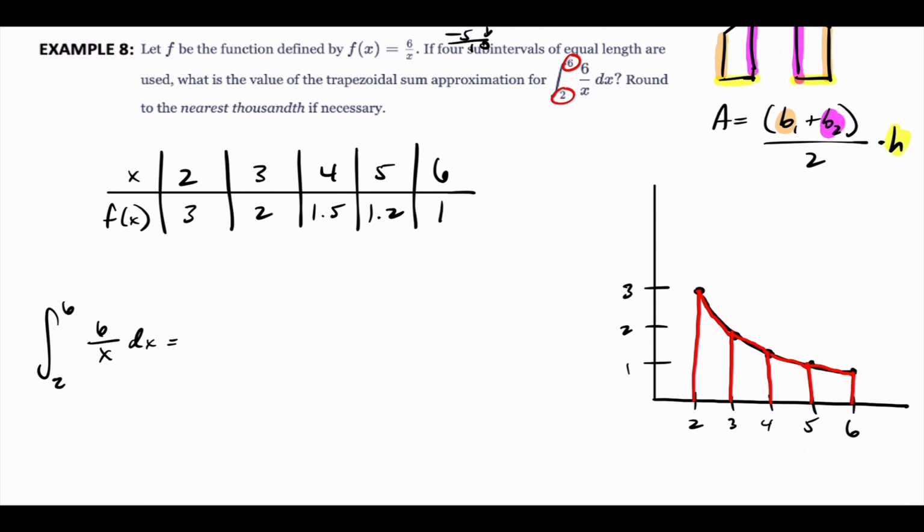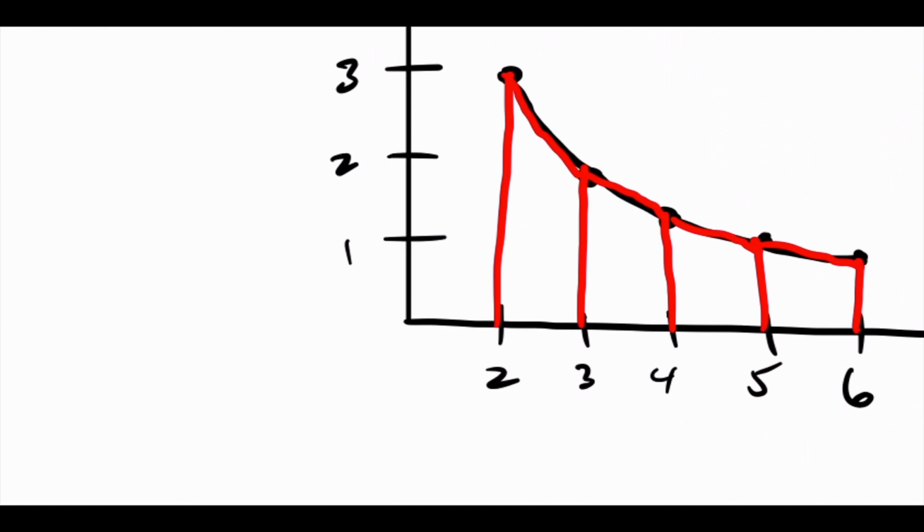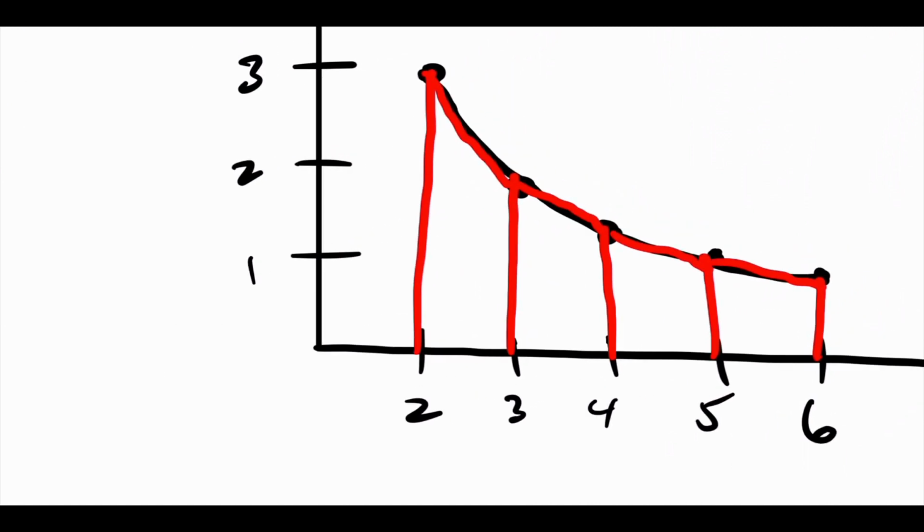Okay, so let's focus on the first trapezoid. I'm only focusing on the first trapezoid. This guy right here. Okay, base 1 is this length. Base 2 is this length. So we're going to add those two guys together.